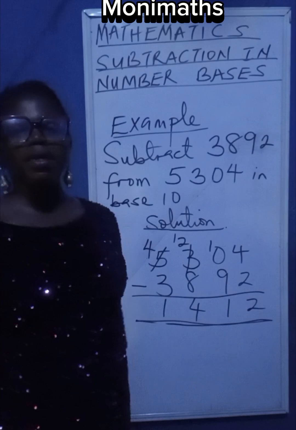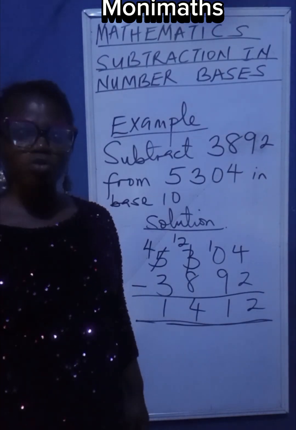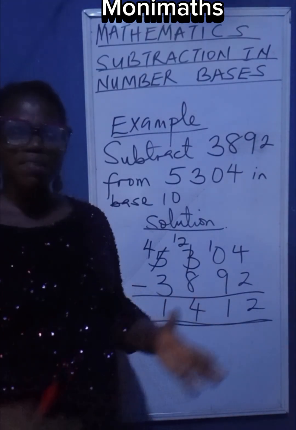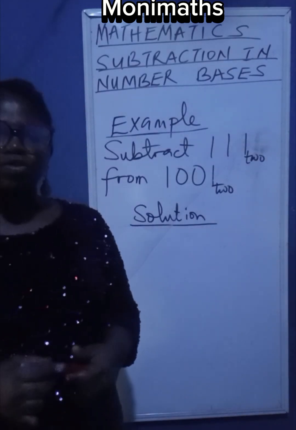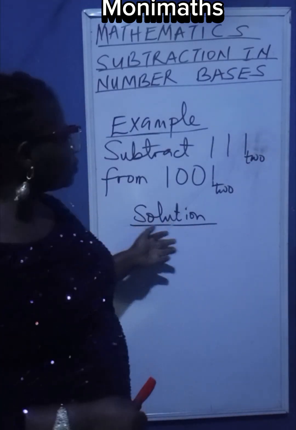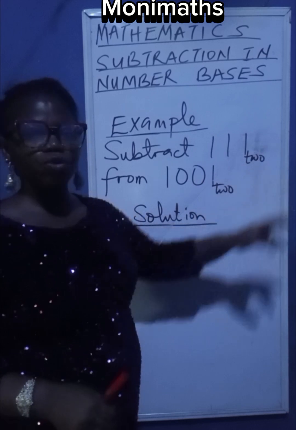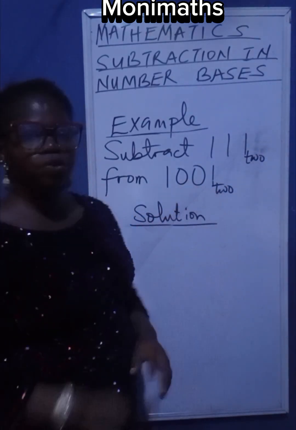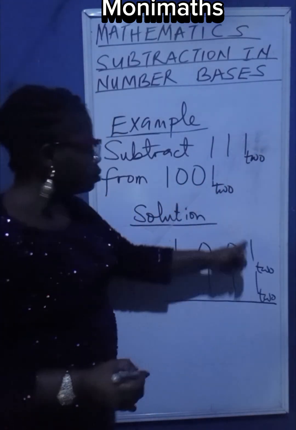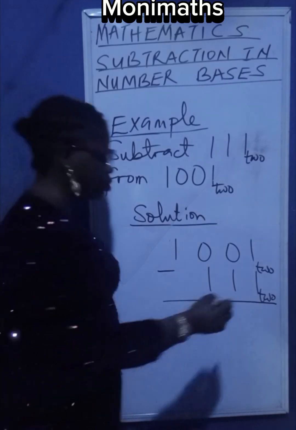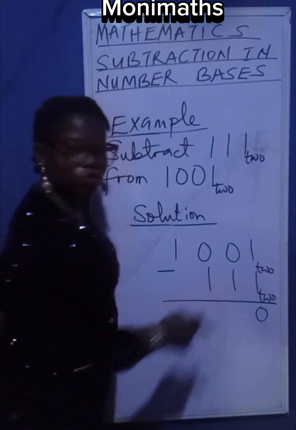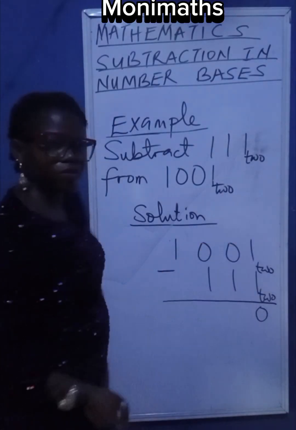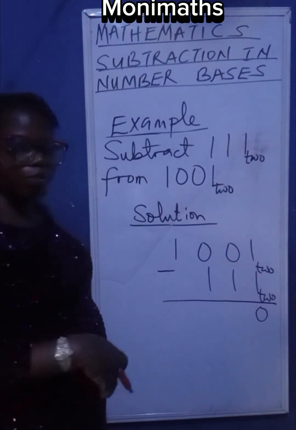So let us learn how to subtract in bases other than 10. These are numbers in base 2. We want to subtract 111 base 2 from 1001 base 2. 1 minus 1 is 0, so we write 0. 0 minus 1, 0 is deficient, so we have to borrow.